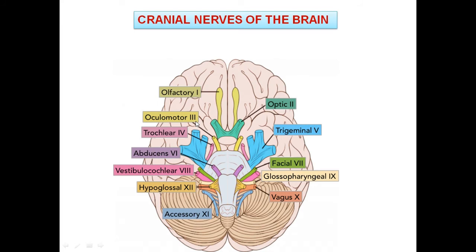The trochlear nerve is the only nerve which arises from the dorsal aspect of the midbrain at the level of the inferior colliculus. Then the abducens nerve, which is purely motor in nature, arises from the pontomedullary junction of the brainstem. So these three nerves are very important.